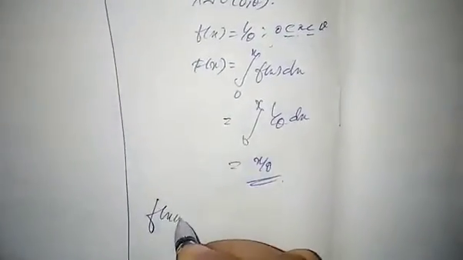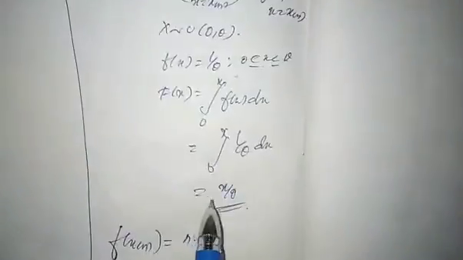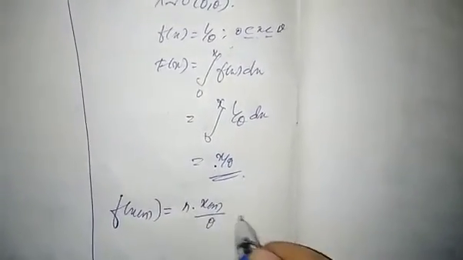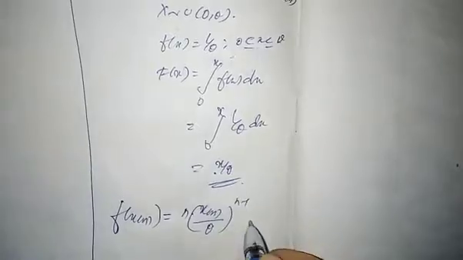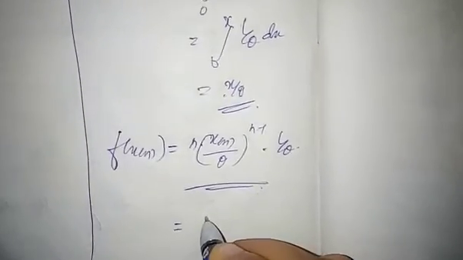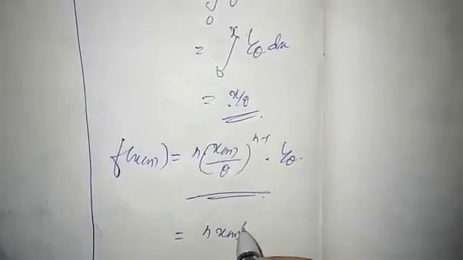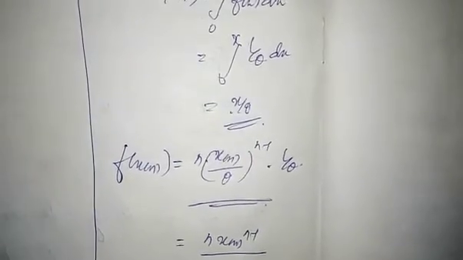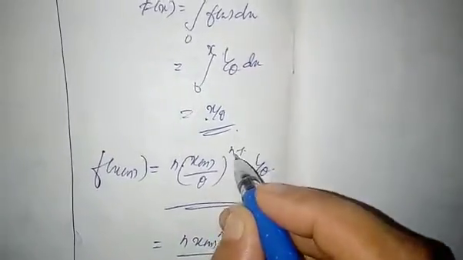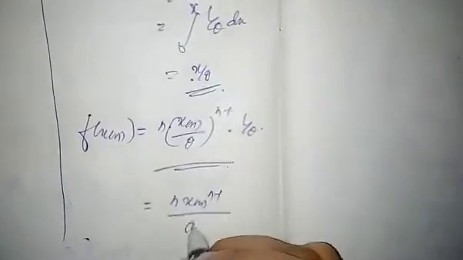Then f of xn, the nth order statistic density, is n into capital F of xn, that is this value, that is xn by theta power n minus 1, into 1 by theta, right? We can write this as n xn power n minus 1 divided by theta power n minus 1 and here theta, which is theta power n.